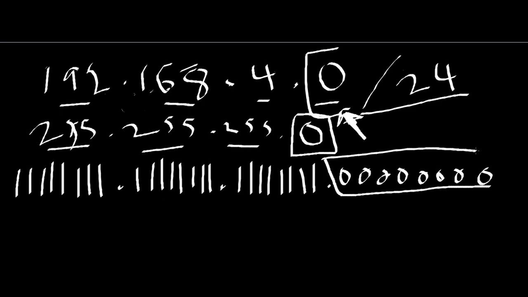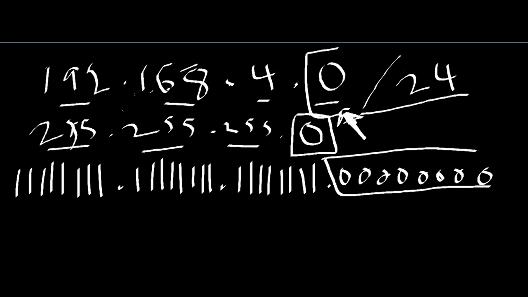So now you may be wondering, how many IP addresses can I get? Right, 192.168.4.0, and I have this /24 here. Okay, it's telling me that 24 bits are on, right?